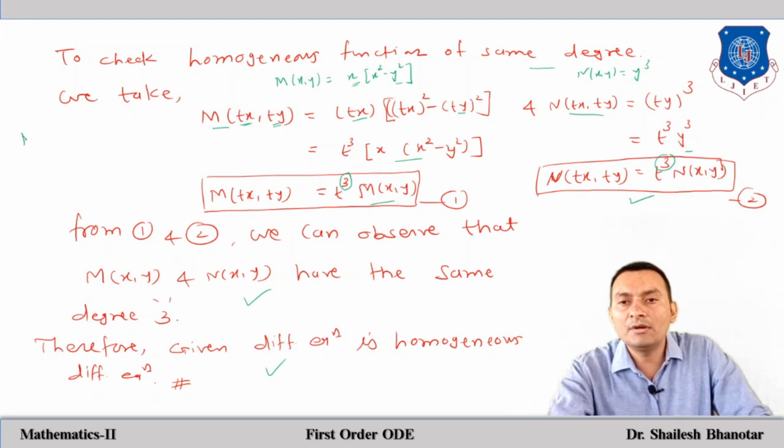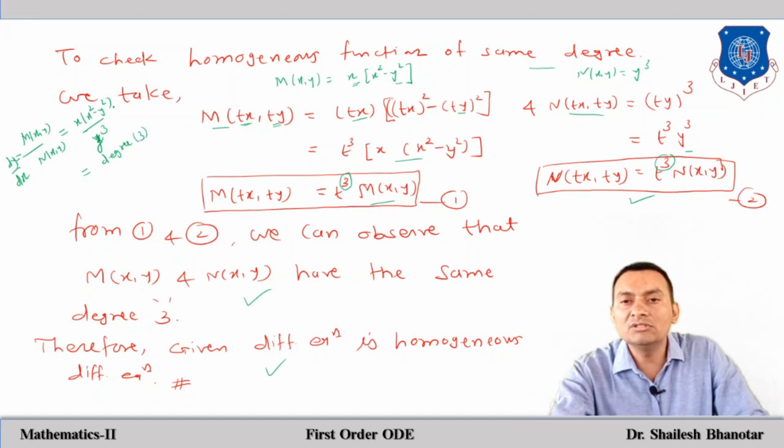But if we talk about M of x,y divided by N of x,y, this is the same as dy by dx. But M of x,y is x into x square minus y square divided by y raised to cube. So if I talk about the numerator, what is the degree? 3. Both the terms have.